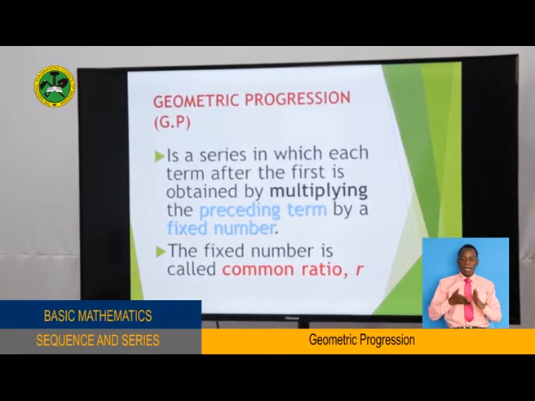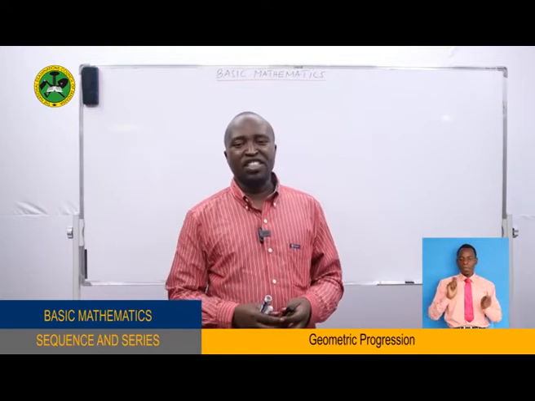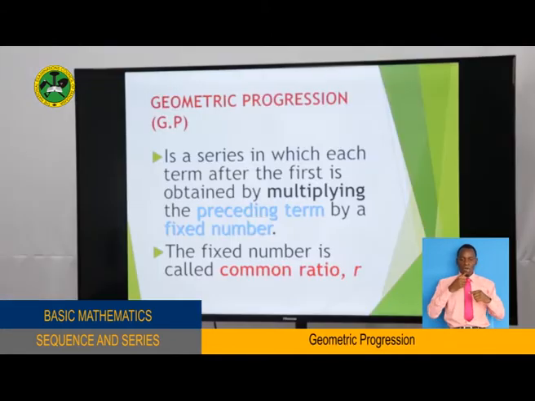Dear student, when we are talking about a geometric progression, there should be a fixed number multiplied to the preceding term. That means to get the second term of the geometric progression, there should be a fixed number multiplied by the first term. And this fixed number is called the common ratio. That's denoted as R.